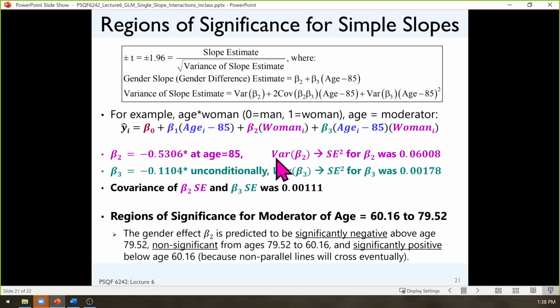So then I would need to know the standard error squared for that beta to plug into the formula, which I can get. And the interaction slope, let's say that it is minus 0.11, which is also significant. And I need to know its standard error squared. So the direction of these things, if the gender slope represents the difference of how women differ from men, at age 85, who is worse? Who has a lower outcome?